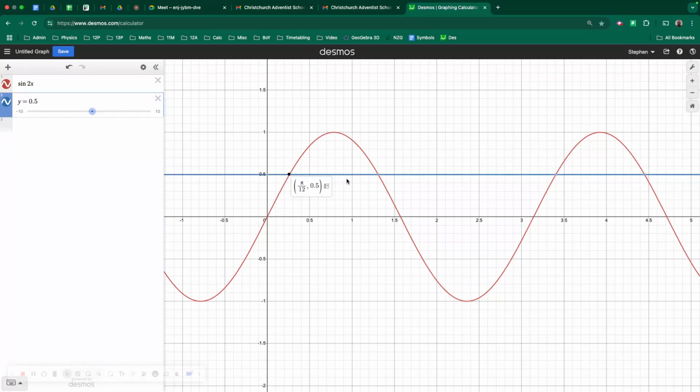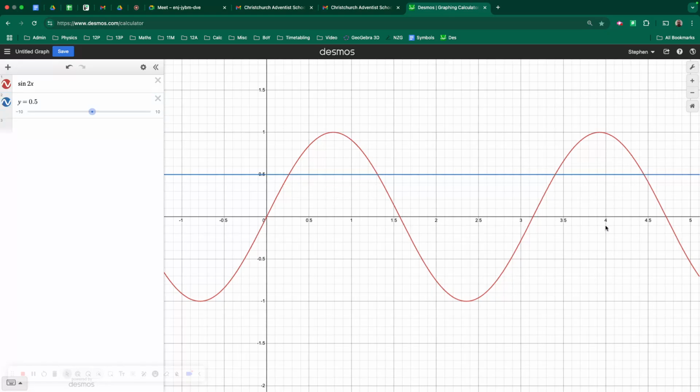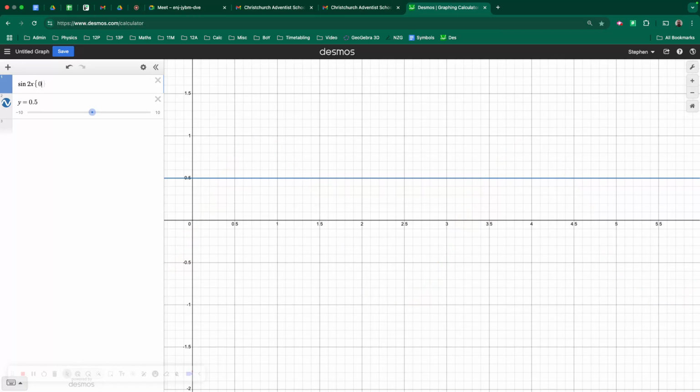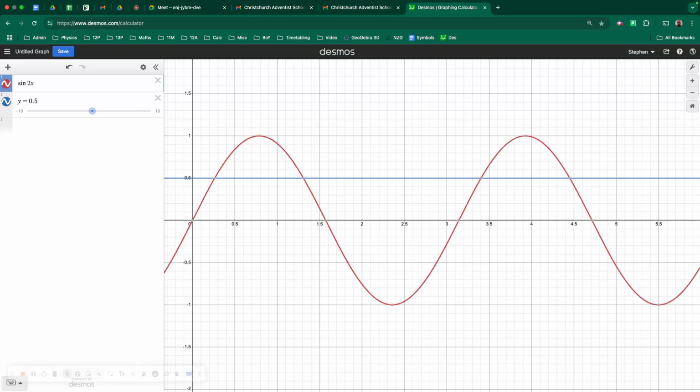There's one there, there's one there, there's one there, and there's one there. So obviously we're going between, actually let's just show between 0 and 2 pi. That hasn't worked. Okay, it's not liking what I'm doing.